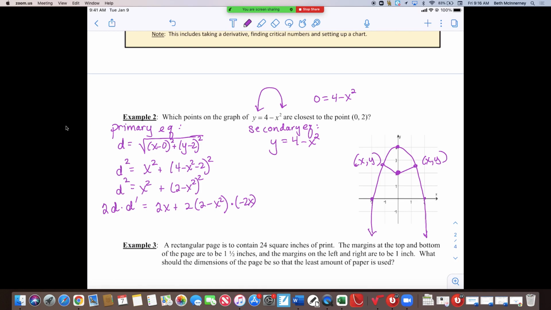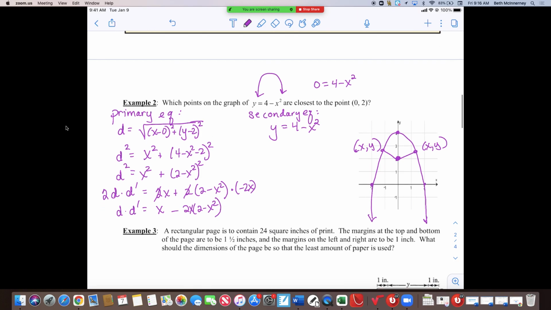Let's go ahead and divide everything by 2. So that's going to cancel this 2 and this 2, but I'll have a minus 2 times x times the (2 minus x squared). I'm going to do this a little bit slower.